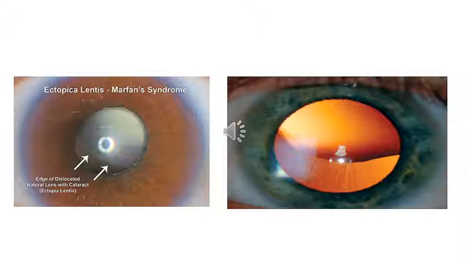In normal condition, we should not be able to see the edge of the lens through an undilated small pupil. So here we can see that the lens is located superior-temporally. The adjacent image also shows almost superior dislocation of the lens. We see the edge of the crystalline lens, and these are the stretched zonules.